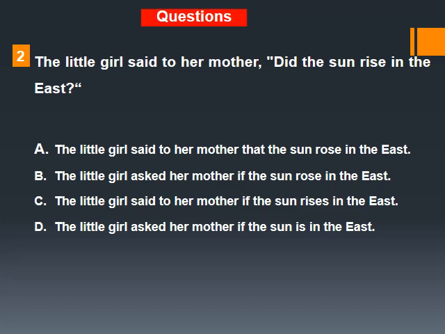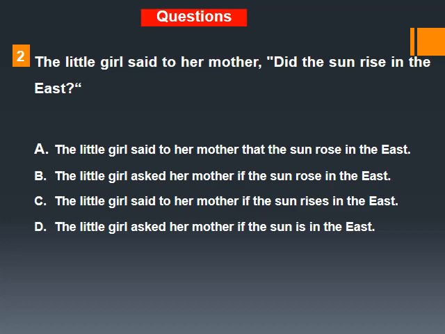Look at D, the little girl asked her mother if the sun is in the east. That is not the way the statement is made. You can see the direct speech, did the sun rise in the east? So rise is a verb that should be converted into rose. But that is not what is given in option D. But in option B, you can say if the sun rose in the east.